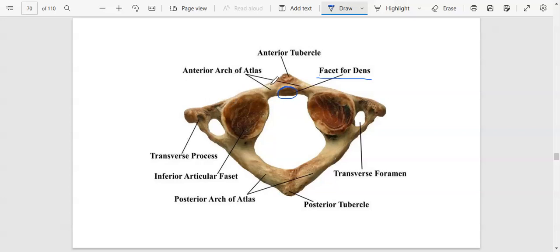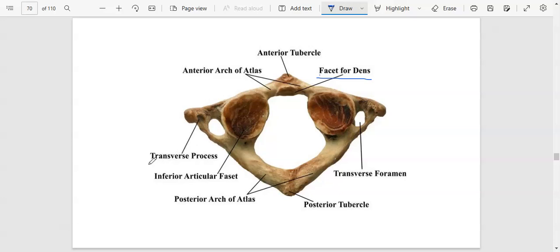The arch is just this portion of the bone, that's the arch. We're calling it anterior because it's going to be in front. So we also have the posterior arch. This part is going to be the posterior arch because it's going to be found behind this bone.